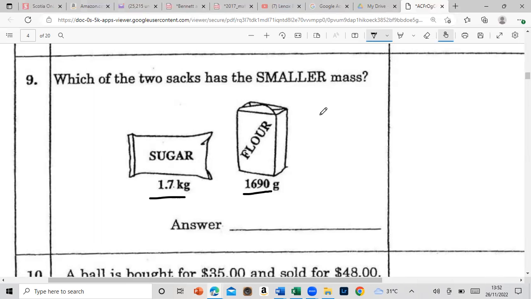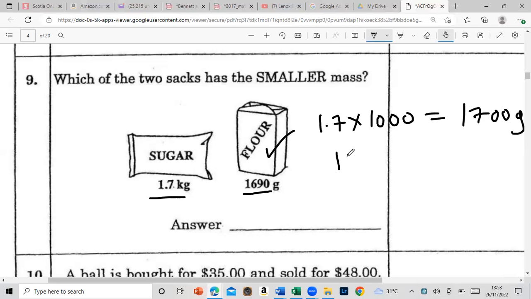I think that's easier because it takes 1,000 grams to make a kilogram, so we just multiply by 1,000, right? And that will give you 1,700 grams. So that means this one is the smaller one, the flour. All right, if you were to convert this to kilogram, because I know some students might do that, I just want you guys to know the right process.